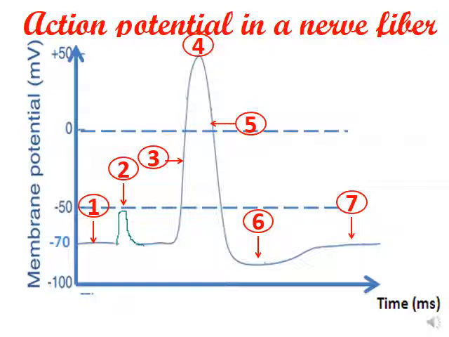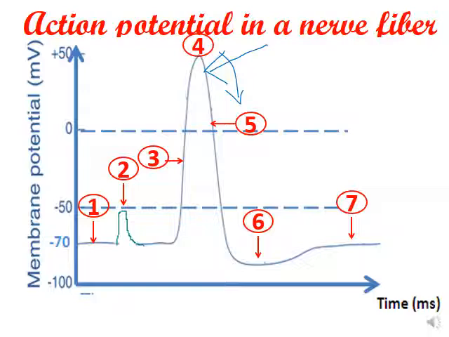Phase number 3 represents the depolarization. We're going to move to the positive. And number 4, this region, represents the inversion of polarity, moving from the positive down to the negative. And then we have phase number 5, repolarization, where negativity is retained back.